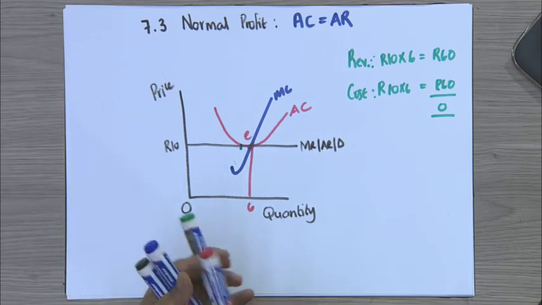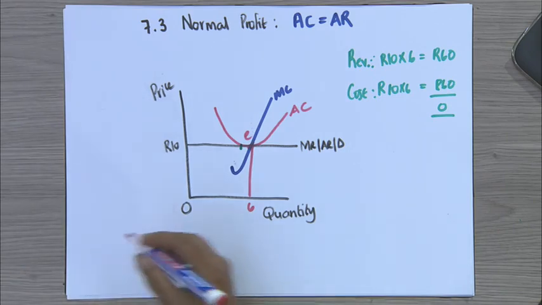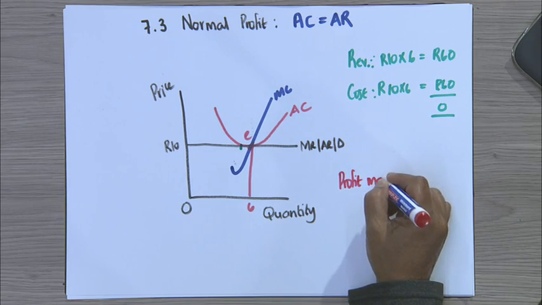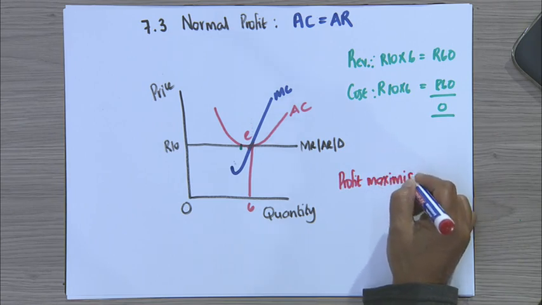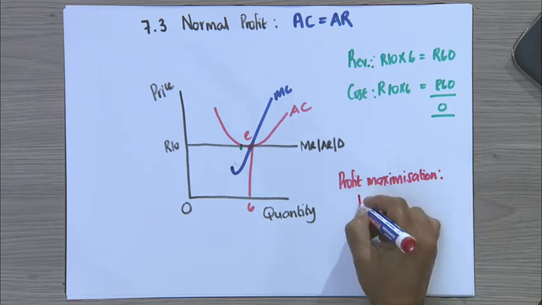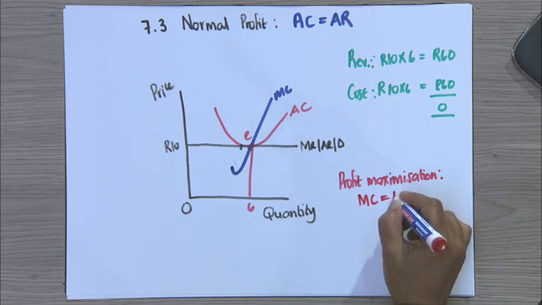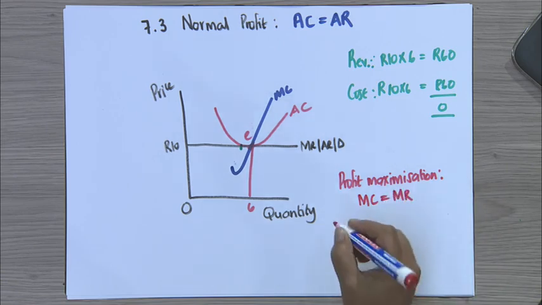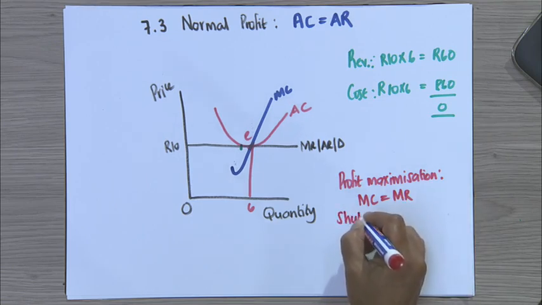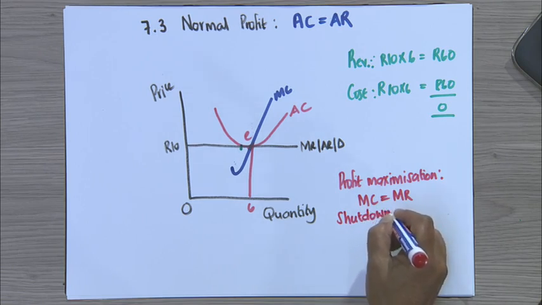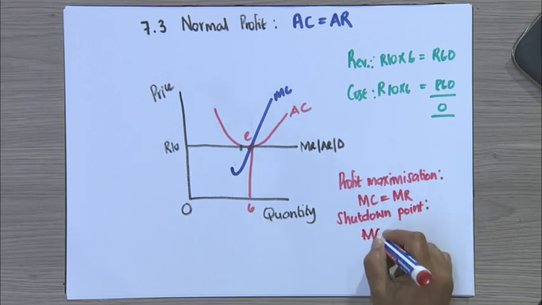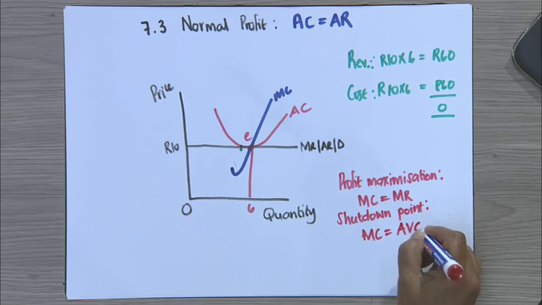So if you think about it, within a perfect market, we've now looked at profit maximization, which is where MC equals MR, and we've looked at the shutdown point, MC equals AVC.